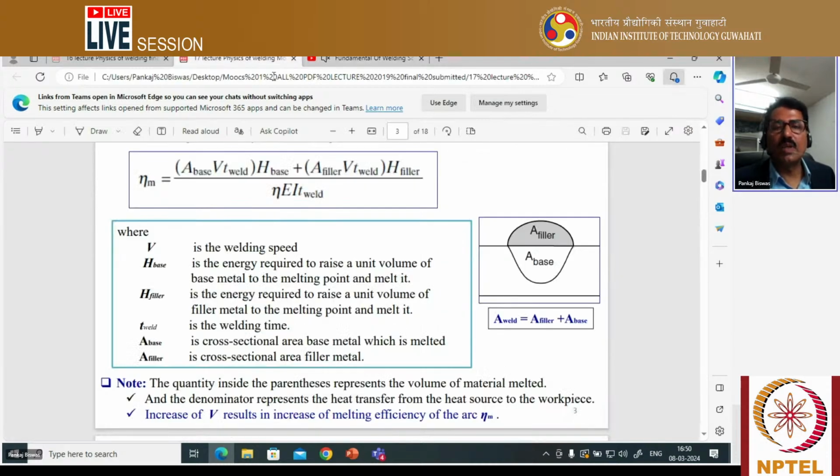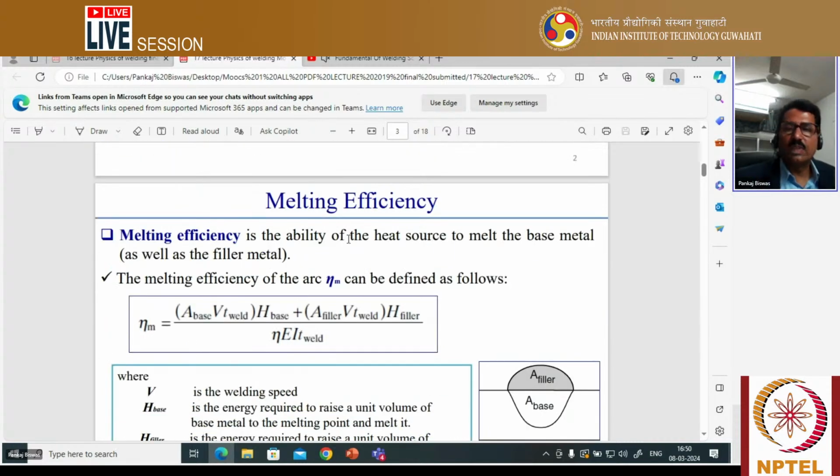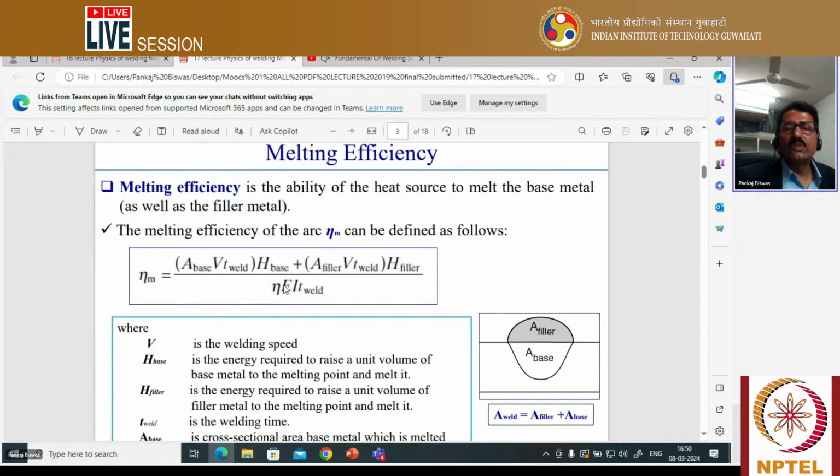So I am just discussing a little bit about melting efficiency here. You can see I have already written melting efficiency. You know that during the welding process, whatever heat is supplied to the workpiece, all of that heat is generally not required to do the welding.